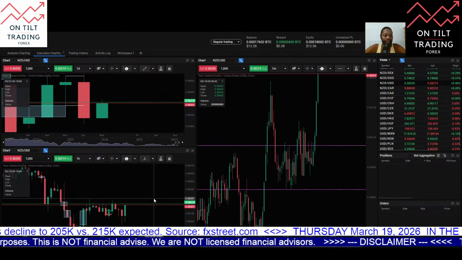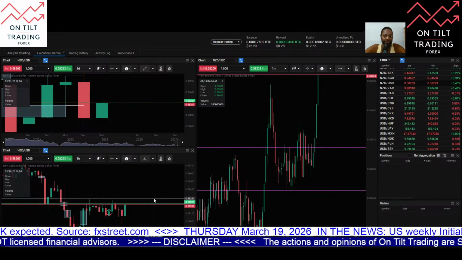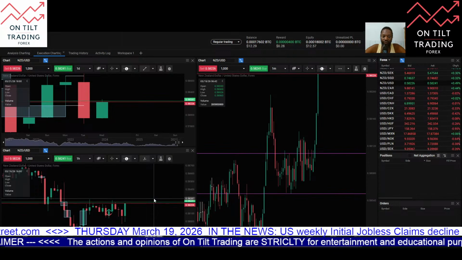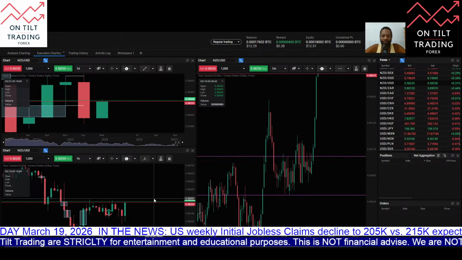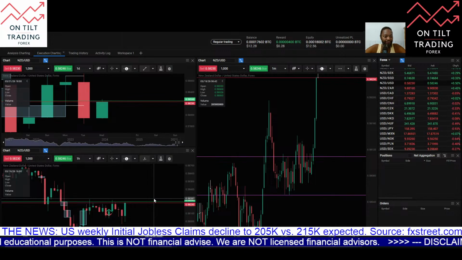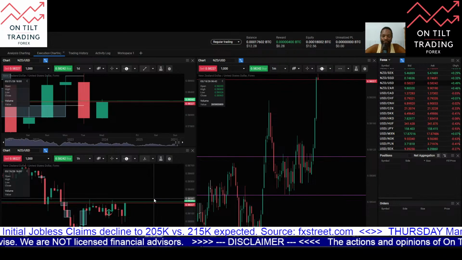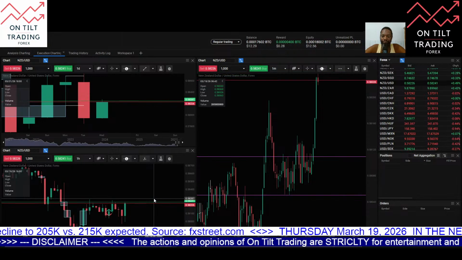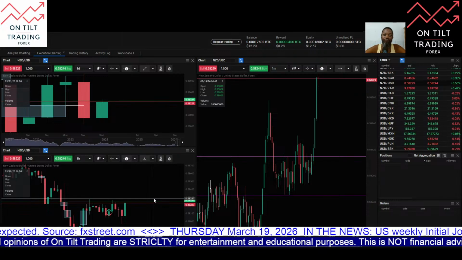So just sweeping out liquidity here. And some serious buy side delivery here on Kiwi dollar. Getting some consolidation here.